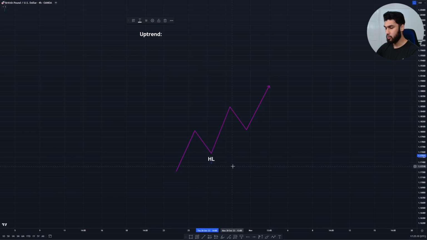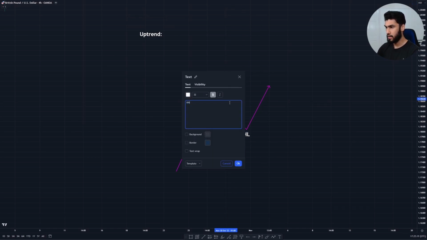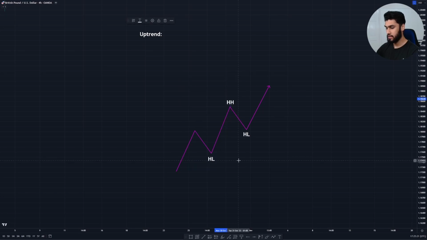This one will be a higher low. And then if we copy that over to this place, this is the exact same thing. It's a higher low. And then these points over here are your higher highs. We're just going to annotate it like this so it's understandable. So this is the key characteristic of an uptrend. You're going to be having higher highs and higher lows being created in an uptrend.